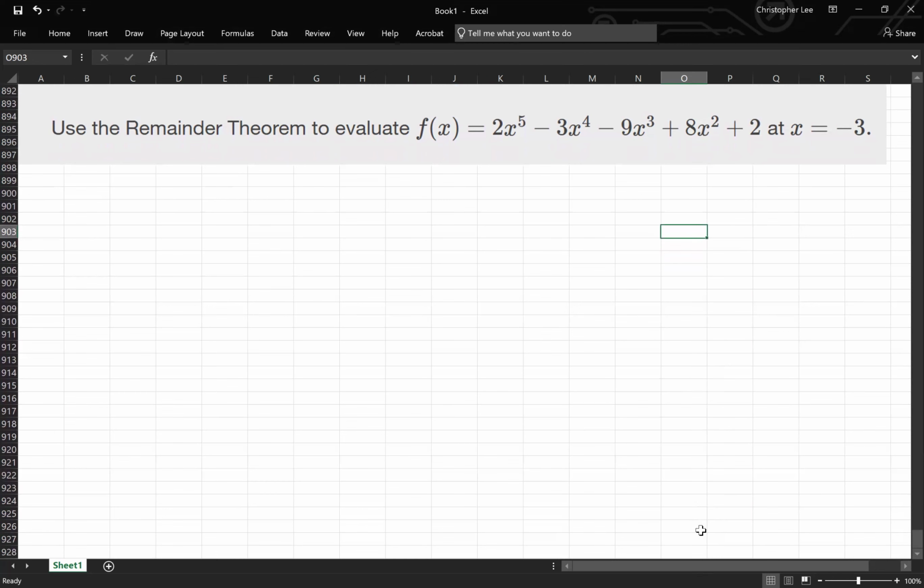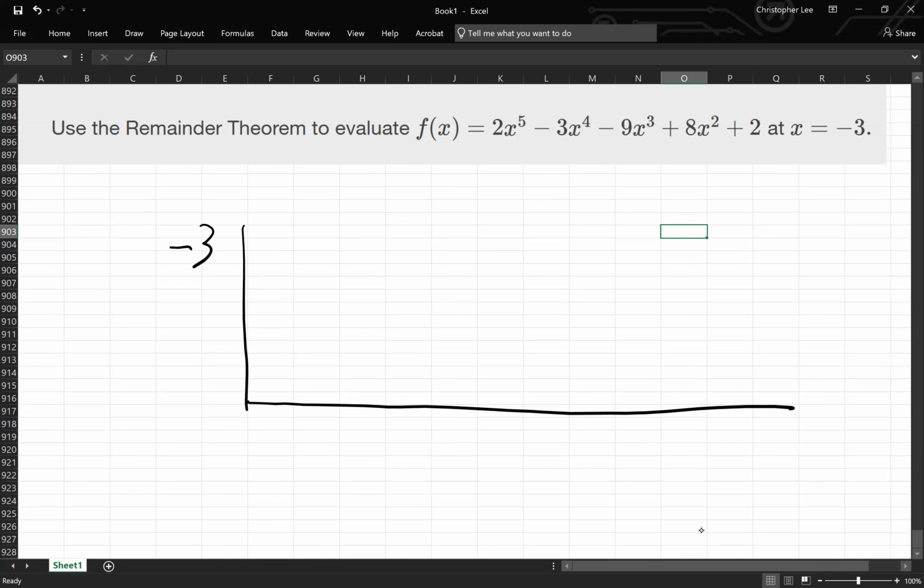All right, let's try this out real quick. I'm only using synthetic division because that's what they told us to use. So I have -3 outside, and the coefficients are 2, -3, 5, 4, 3, -9, 2, 8, and then I need 0 for the missing term, and then 2.